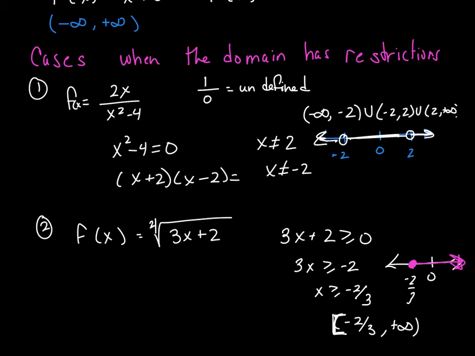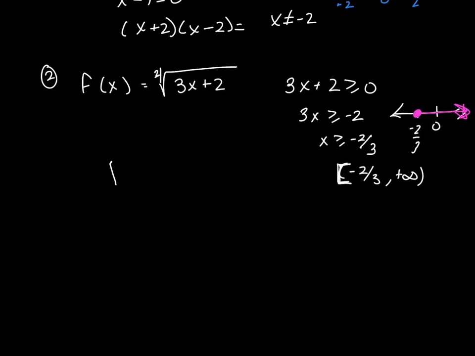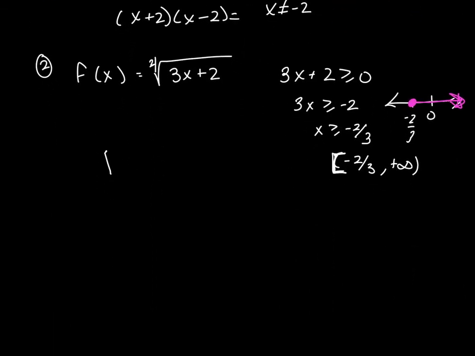Now, the last one we're going to do is a combination of both of those. By a combination of both of those, what I mean is what happens if I have the example of a radical and a fraction.